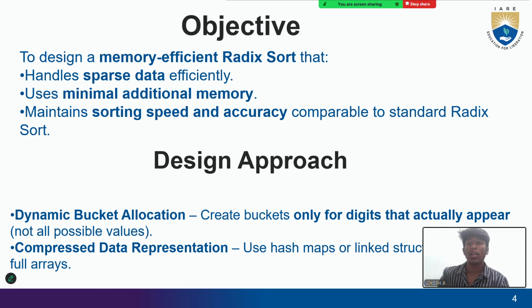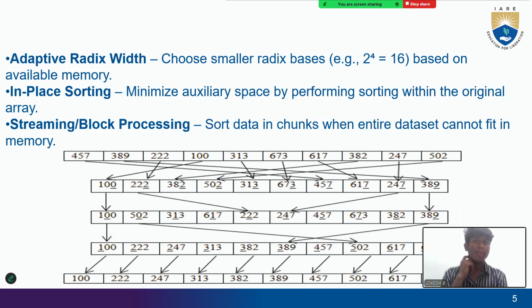So the design approach: dynamic bucket allocation creates a bucket only for the digits that actually appear, not all possible values. Compressed data representation uses hash maps or singly linked list structures instead of arrays. Adaptive radix width: choose a smaller radix base, for example 2 power 4 equals 16, based on available memory.